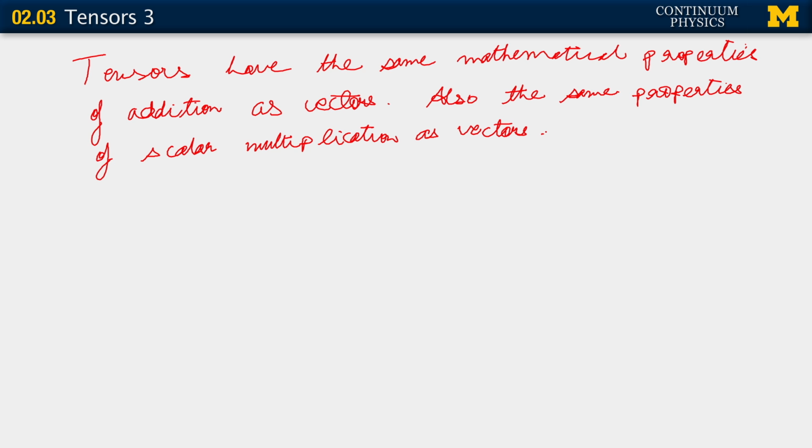In fact, for this reason, tensors are said to actually form a vector space themselves, where vector space really refers to these properties of addition and scalar multiplication that we know that conventional vectors in Euclidean space have. So for this reason, we say that tensors themselves form a vector space.